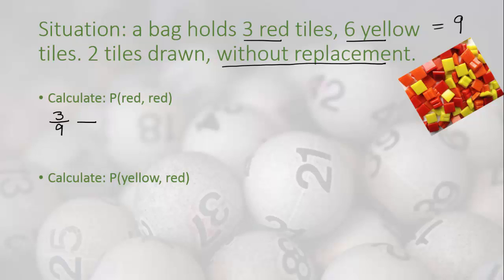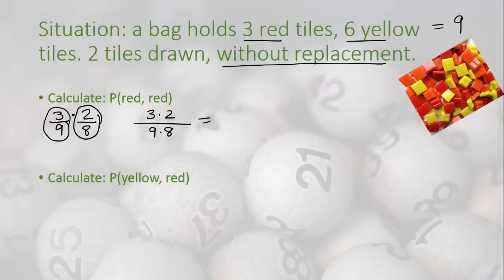But then how many red tiles are there in the bag now? One of them's missing, so now you only have 2 to choose from. Similarly, in the bag of all tiles, there's only 8 tiles left to choose from. So you can either think of it as all my choices for winning are 3 times 2, and all my choices in the whole bag are 9 times 8, or you can think of it as 3 out of 9 and 2 out of 8, and you multiply them together to get the probability.